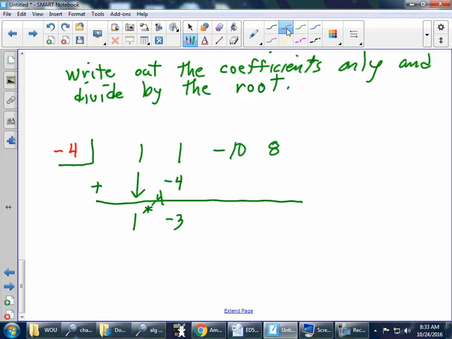I multiply negative 3 times negative 4. What does that give me? Positive 12. I add negative 10 plus 12. Positive 2. I multiply by what? Negative 4. I get negative 8.